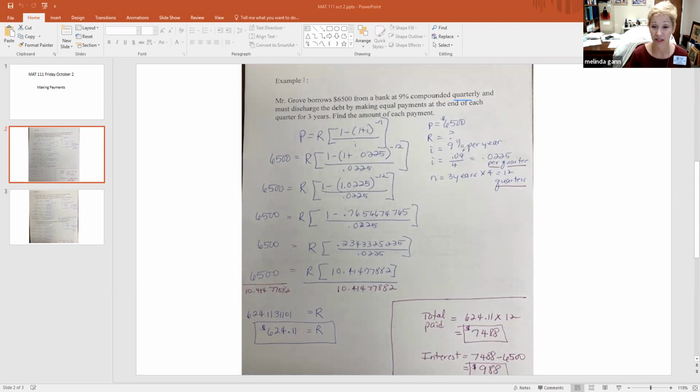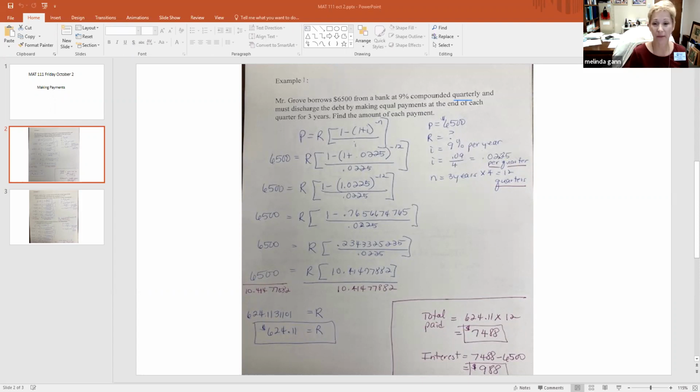Remember how you change percent to a decimal is you move the decimal 2 to the left, you divide by 100. Now, why did I divide by 4? Because how many quarters are in a year? 4. So if it takes a whole year to get 9%, if I only do 1 quarter for 3 months, I won't be up to 9% yet. So I divided it by 4 and got 0.0225.